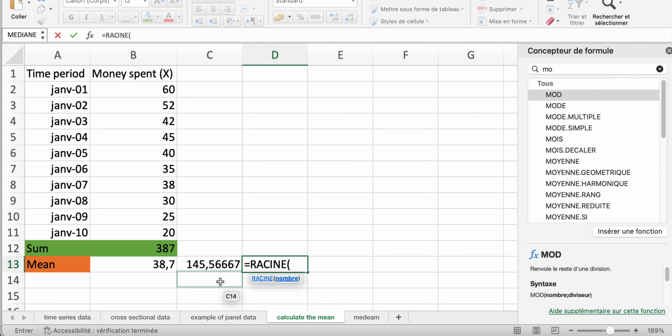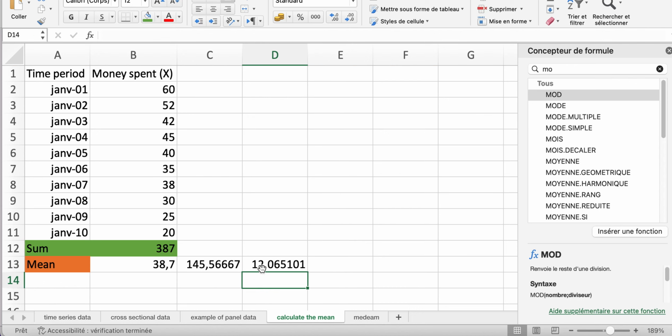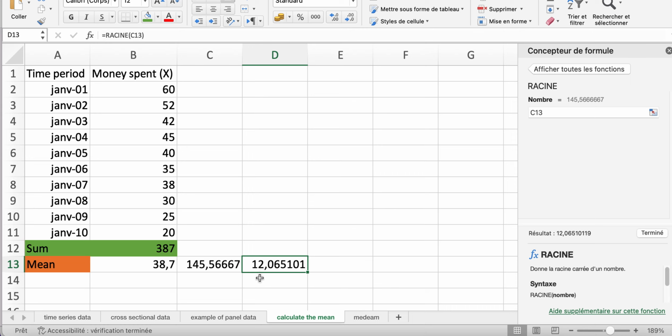Okay, RACINE of the variance, press OK. So our standard deviation is 12.006. This is the simplest method to calculate standard deviation.